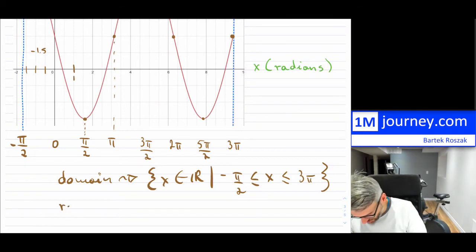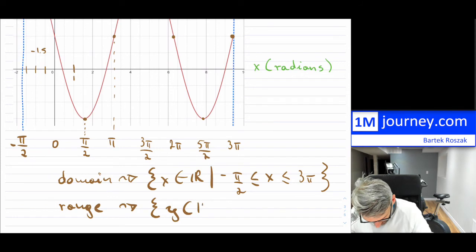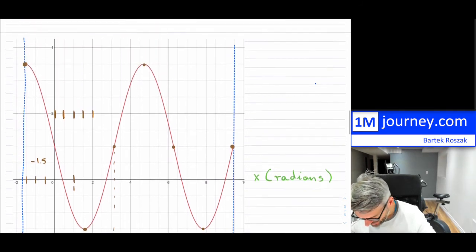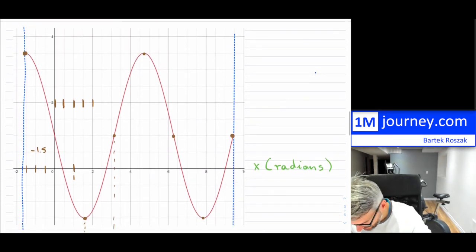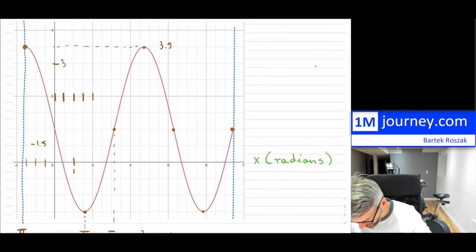So let's see, my range. What's my range here? 2, 4, that's 5. Sorry, 4, that's 3. This is 3.5. This looks like it's 3.5. That's the peak. And what does that mean?